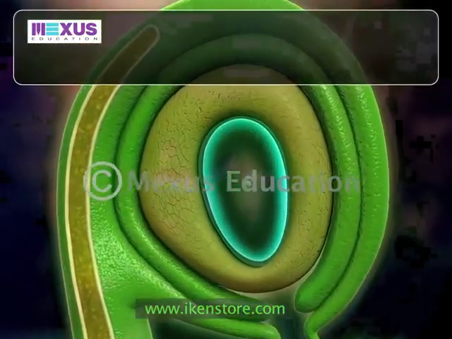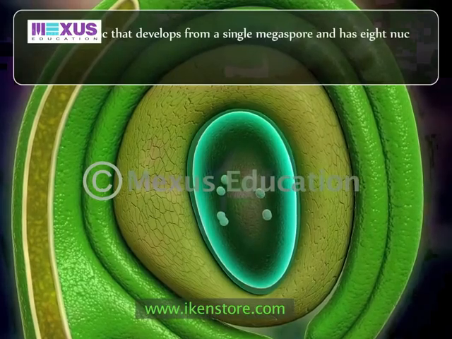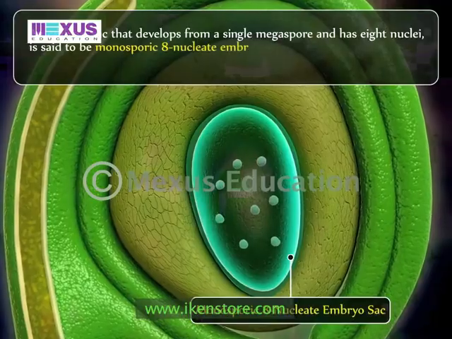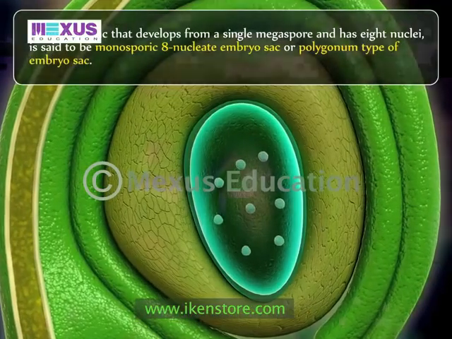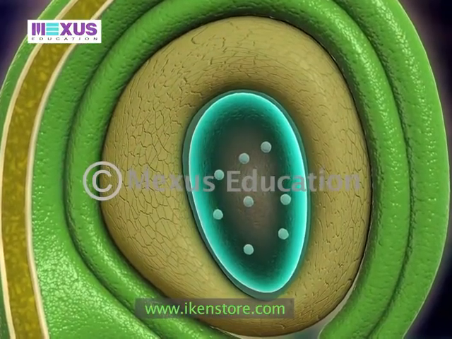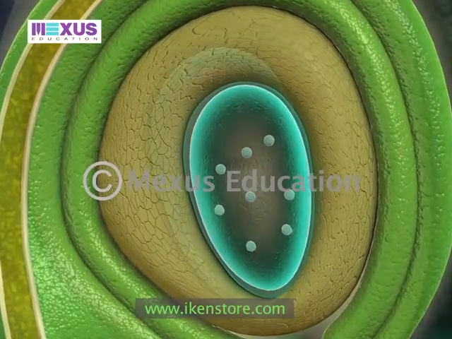Since this type of embryo sac develops from a single megaspore and has 8 nuclei, it is said to be monosporic, 8-nucleate embryo sac, or polygonum type of embryo sac. It is the most common type of embryo sac, and it is found in more than 81% of flowering plants.